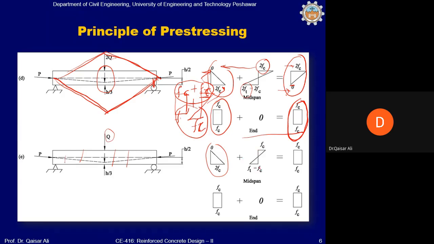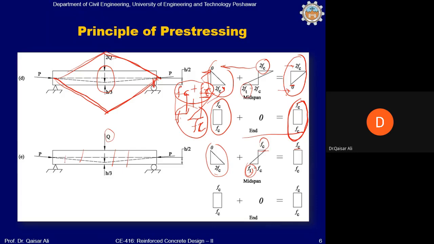So FC plus 0 will become FC, and 2FC minus FT will become FC. In the previous case, this was 2FC and 2FT. So 2FC plus 0 was 2FC, and 2FT minus 2FC is 0. In this case, instead of 2FC, this is FC and this is FT. So FC plus 0 is FC, and FT plus 2FC is FC. So you have perfect compression.